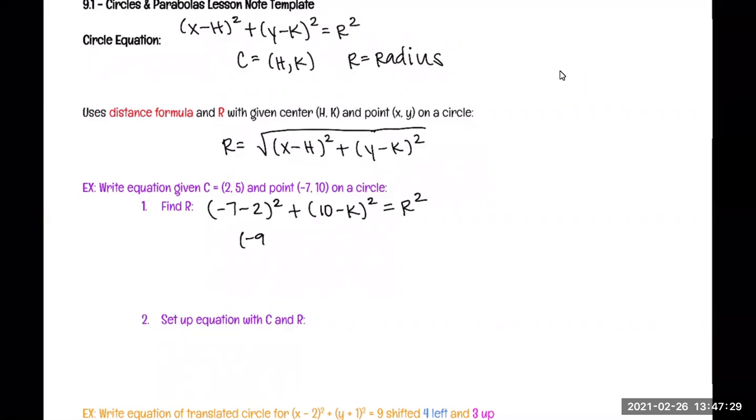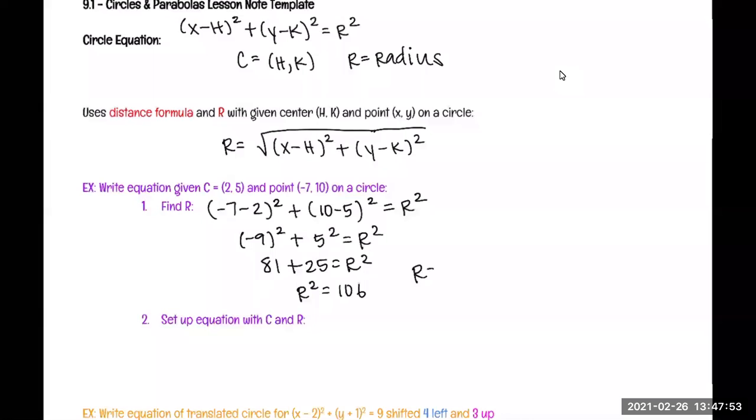So that's just -9 squared. Sorry. My k was 5. Plus pi squared equals r squared. 81 plus 25 equals r squared. R squared then equals 106.